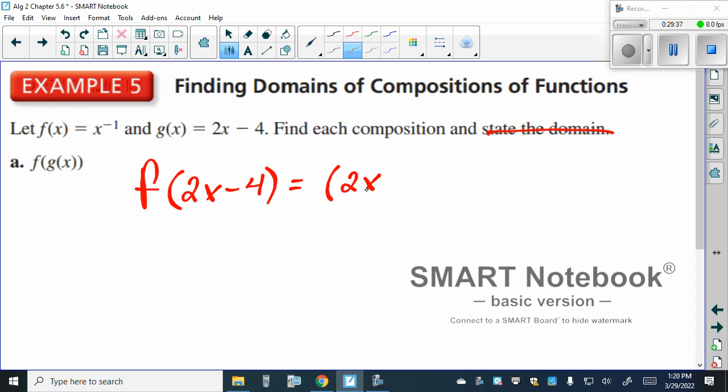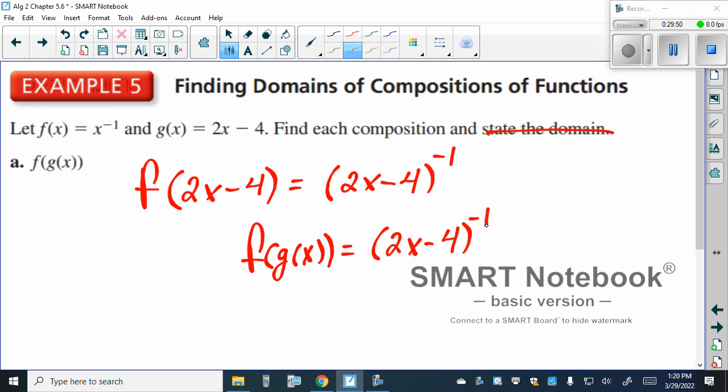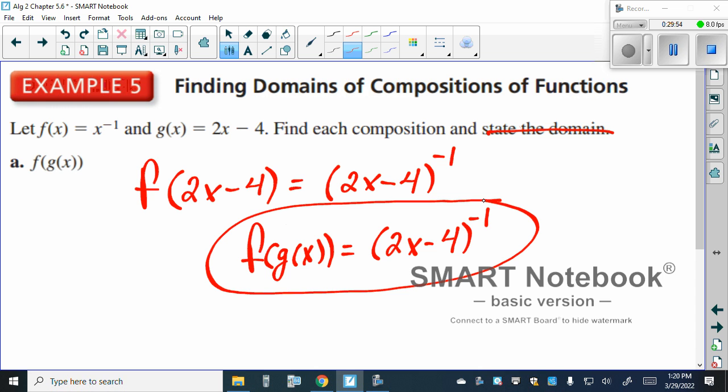And this would give us 2x minus 4 to the -1.